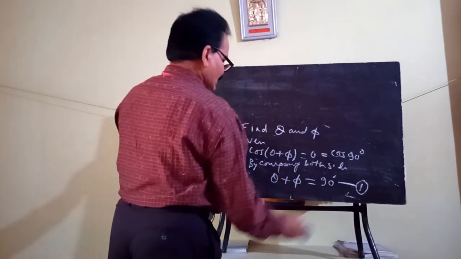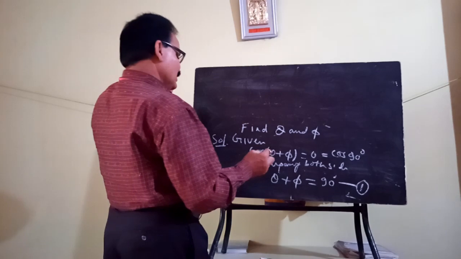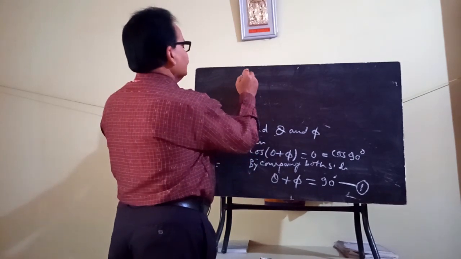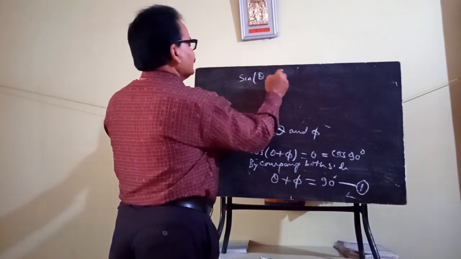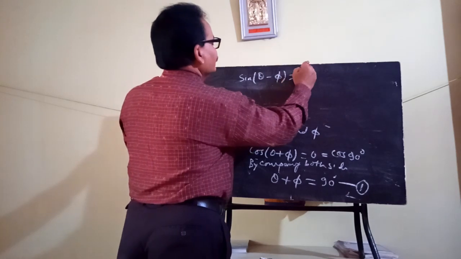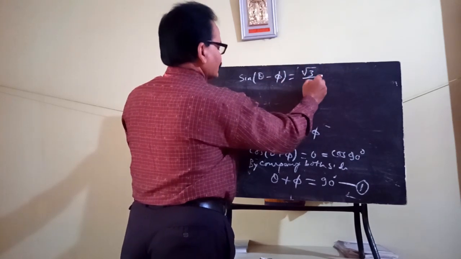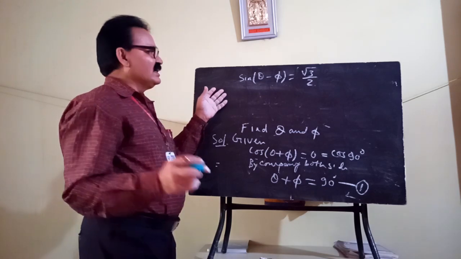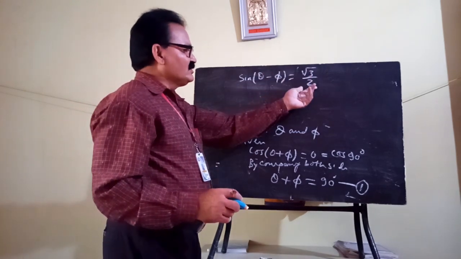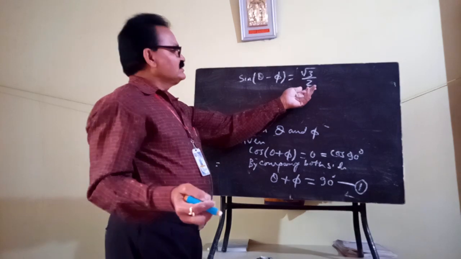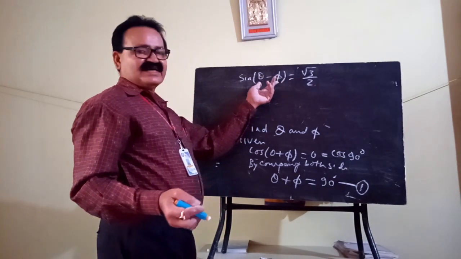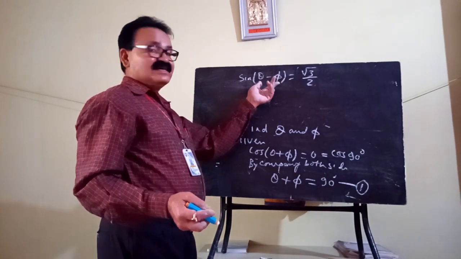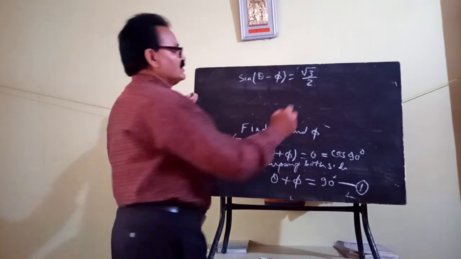Okay. Now second part is your sine(theta minus phi) is root 3 by 2. This is also given. So the value root 3 by 2 is the value for which angle of sine, that is sine 60 degree is root 3 by 2.